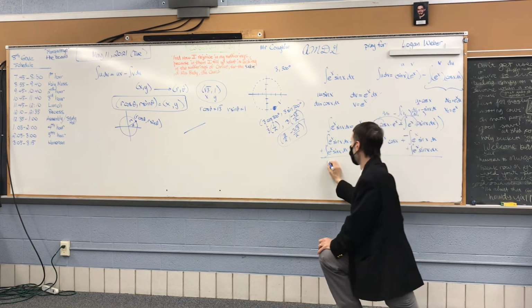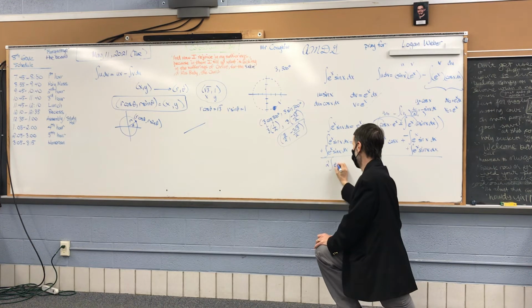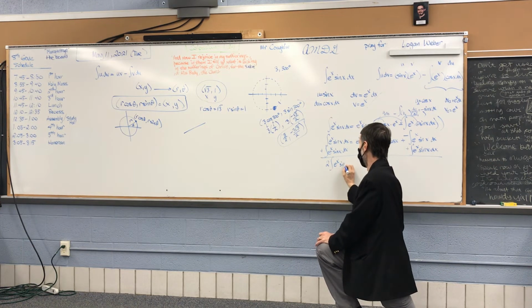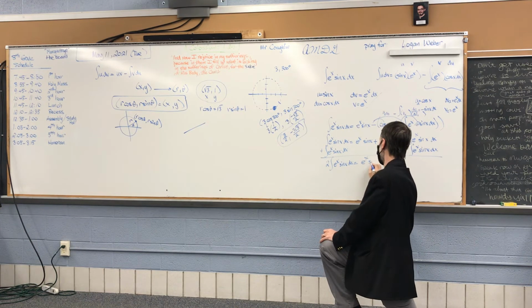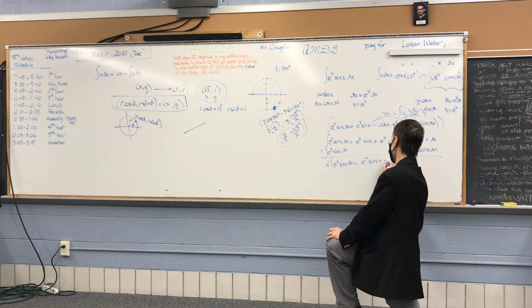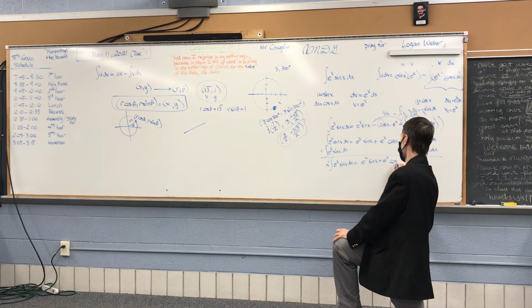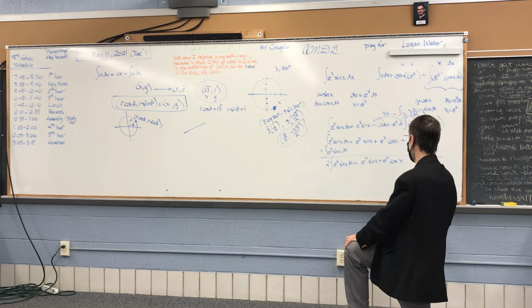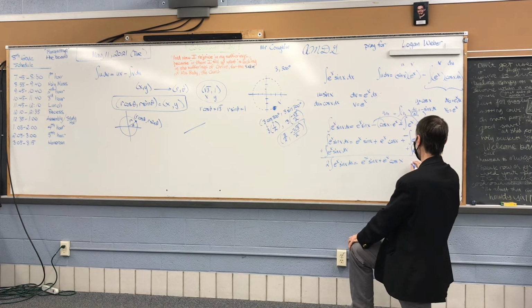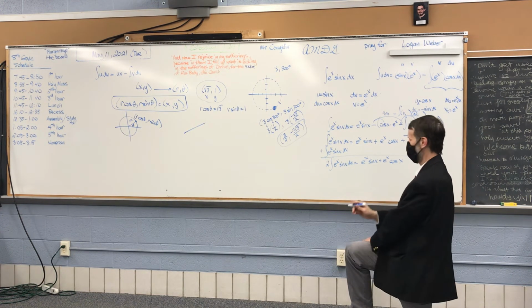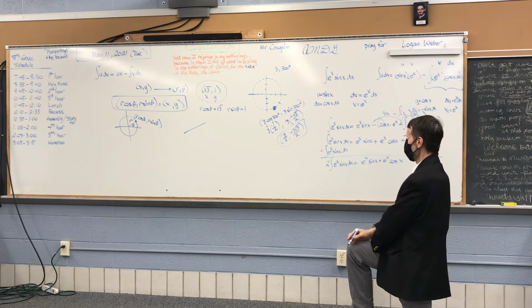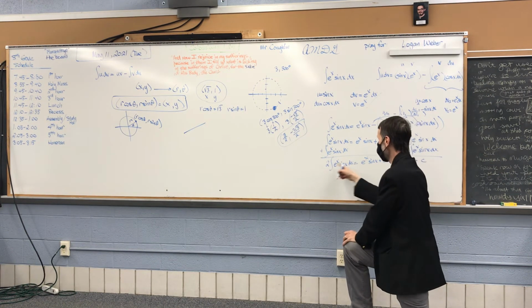2 times the integral of blah, blah, blah equals e to the x sine of x plus e to the x cosine of x. And technically there's a plus C when you're done. Divided by 2, this is the integral we wanted.